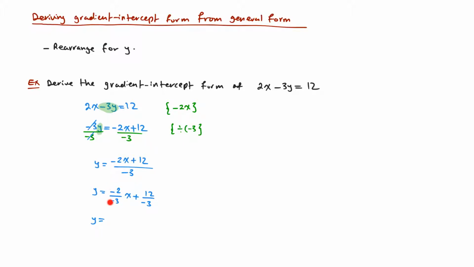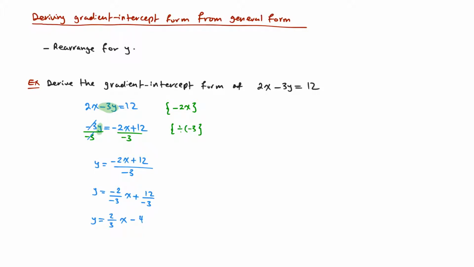Negative divided by negative gives me a positive, so I can leave this as 2 over 3x, and I have 12 divided by negative 3, which is negative 4. So instead of writing plus negative 4, I will just write it as minus 4.